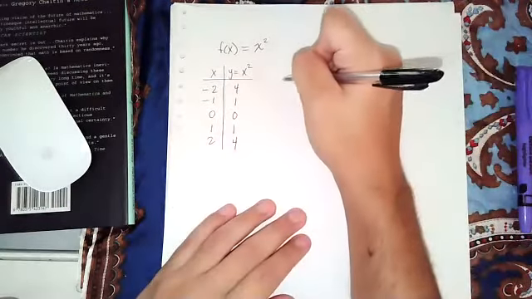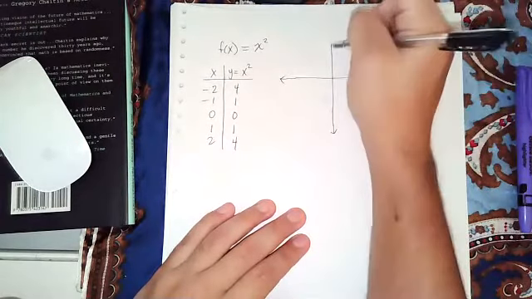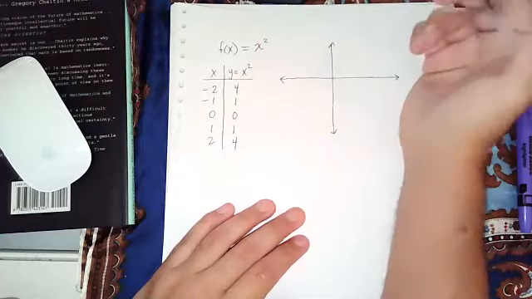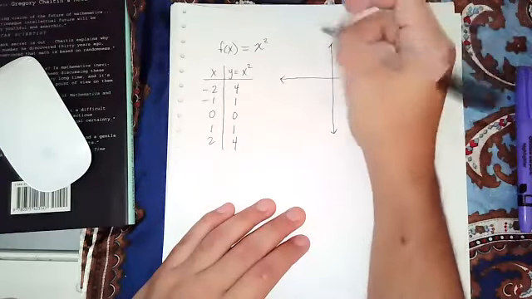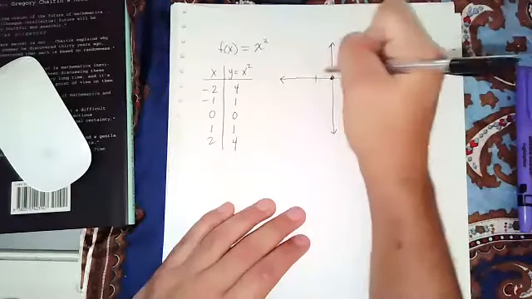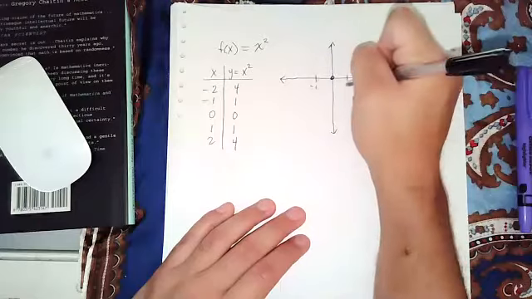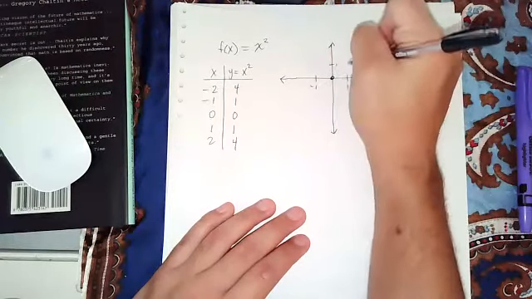And so now that we have a set of xy pairs, we can go ahead and graph this. So we have 0, 0 here. This is -1, this is 1. And those map to 1. So we have this here.